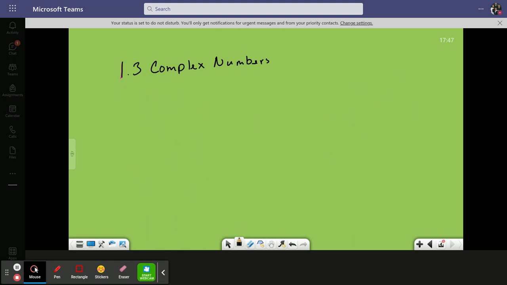Complex numbers are dealing when you have a negative under the radical. Like if you had x squared minus 9 is equal to 0. And you're going to add that 9 on both sides, and you say x squared is equal to 9, and you take the square root of both sides, right?